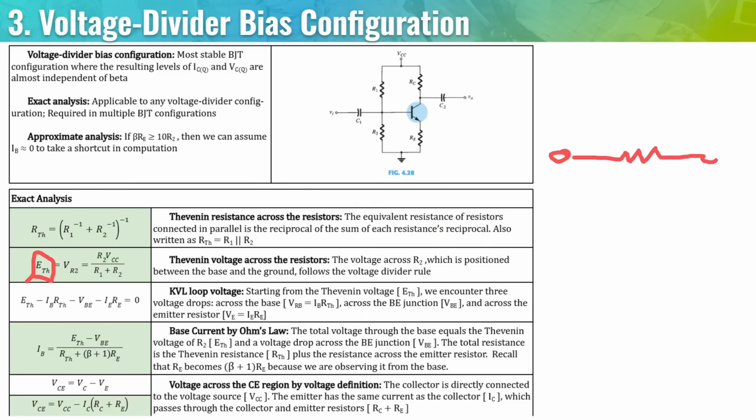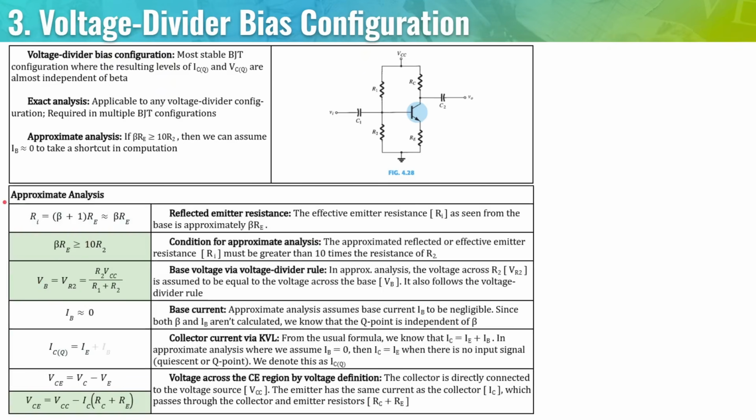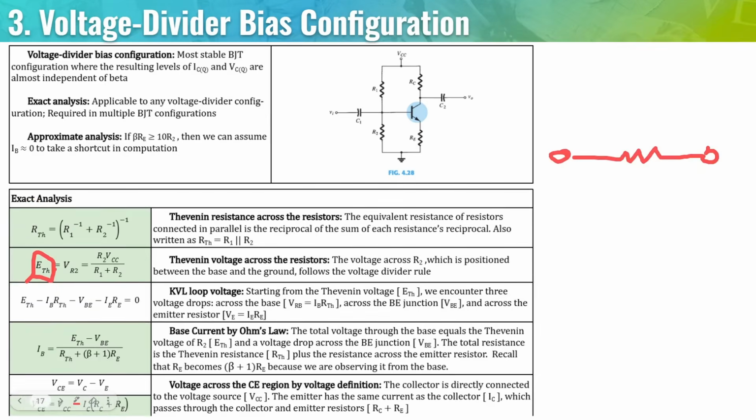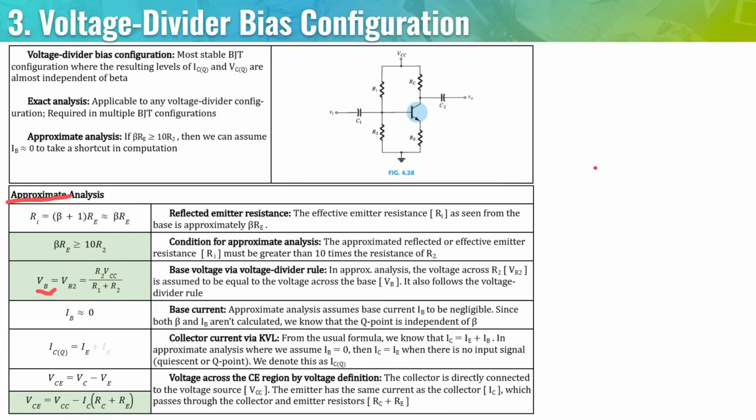So there is a separate VB after. But if we are just approximating, we can just assume that VB and ETH are just the same. Again, that's an approximation. It's not supposed to happen because there's a small drop across the resistor. But since we are using approximate analysis, we can allow it. So this basically allows us to skip the steps.